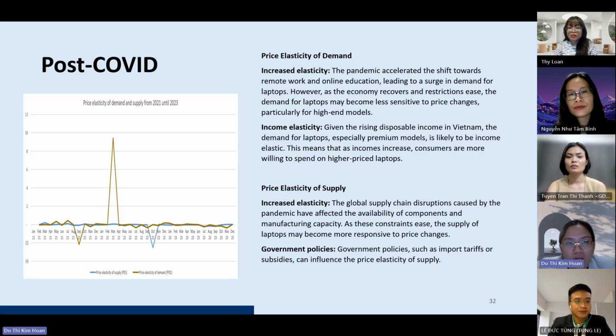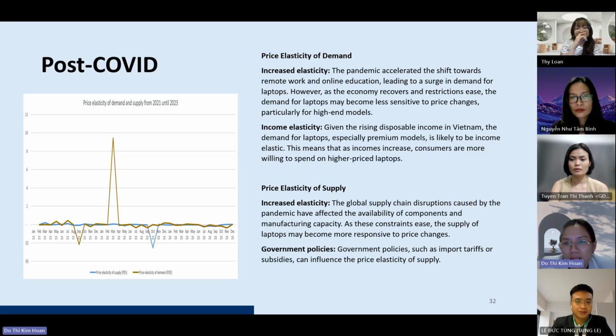So I will say that after COVID, price elasticity of demand and supply would be more elastic, I think, because now factories want to increase their quantity, so the price is cheaper.